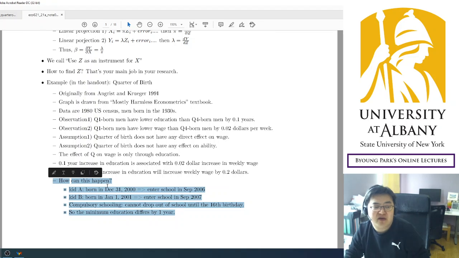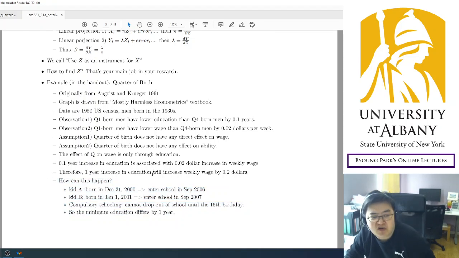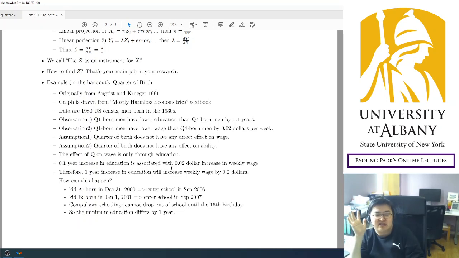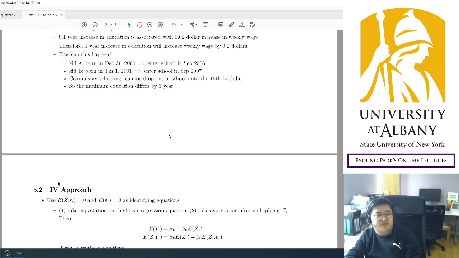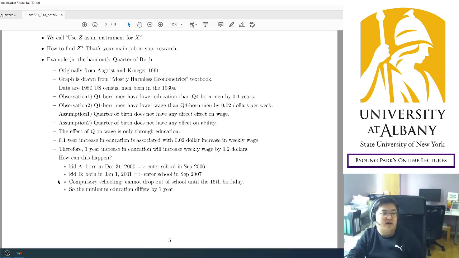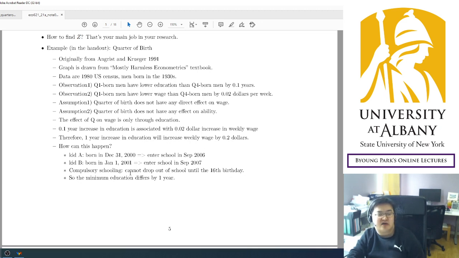It's very interesting. I'm not so sure because I do not know the rule exactly, but it makes sense. That's an interesting example and a nice textbook example.